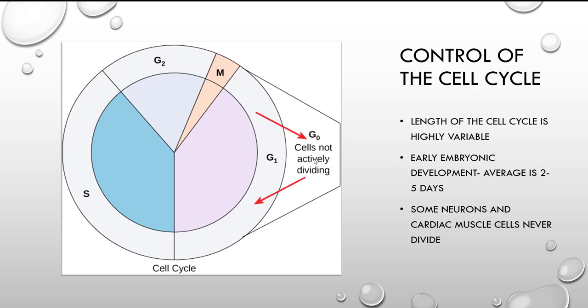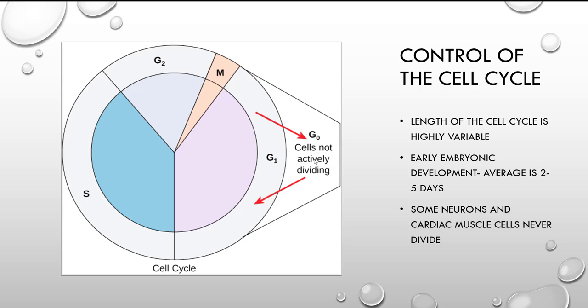So that's why some of our cells we can repair easily. If you get a cut, your body can heal pretty quickly. But other parts of your body, if they get injured, you're going to live with that injury the rest of your life. So think of a severed spinal cord, something like that.